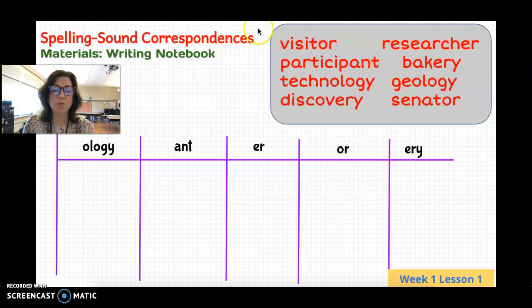And I want you to put them in your writing notebook in the correct category. So you'll want to just quickly draw out the chart and then practice writing each word under each column that it goes in. So if you need to pause, go ahead and do that now.